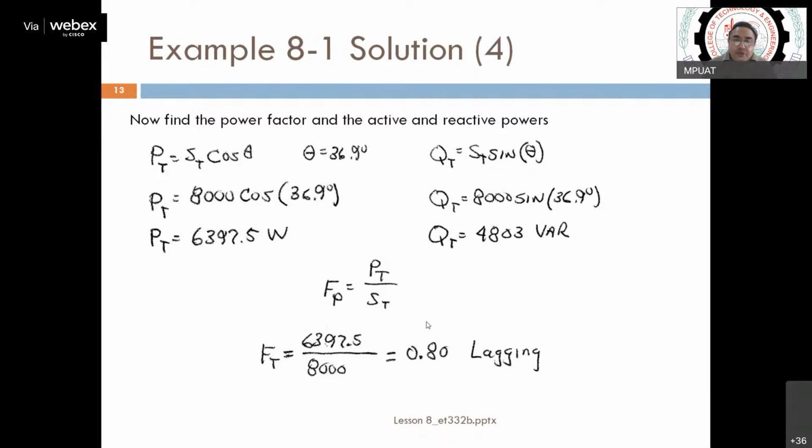So both methods can be used. Since the current is lagging, this power factor is called 0.80 lagging.